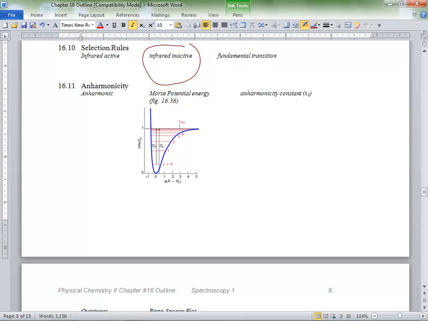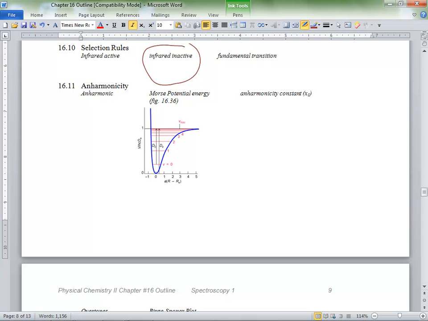Yeah, H2, HH. Just have the same element twice. Any diatomic molecule that's what nuclear? Homonuclear, right? I'm just trying to get into some terminology here, right? So homonuclear diatomic molecules, you're not ever going to see them. That explosive gas, hydrogen, forget it. You're not going to see that on the FTIR.